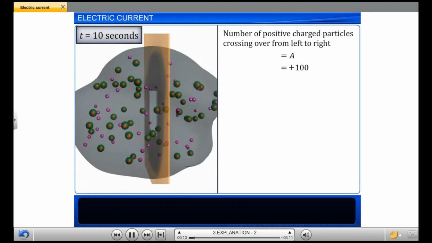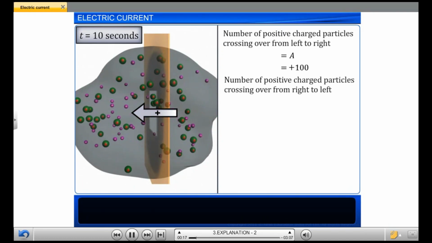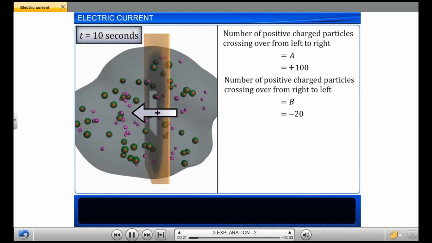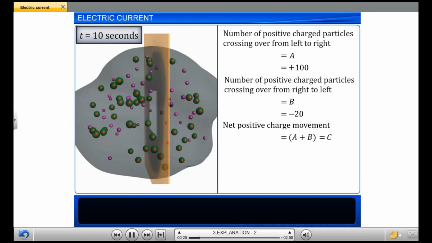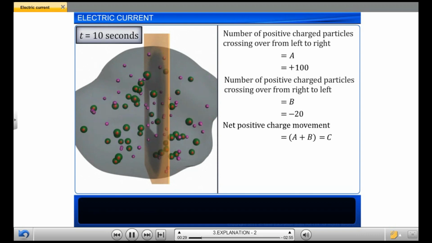The number of positive charged particles crossing over from right to left is equal to B, which is equal to minus 20. The net positive charge movement is equal to A plus B is equal to C, which is equal to plus 80.